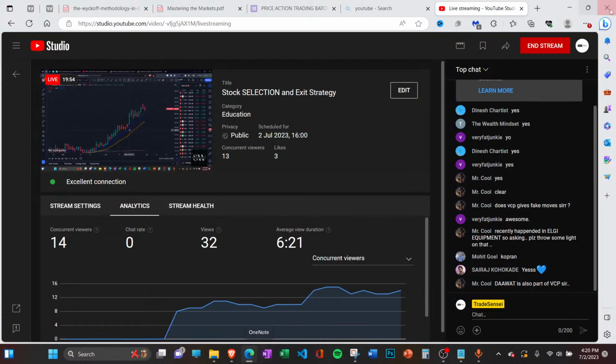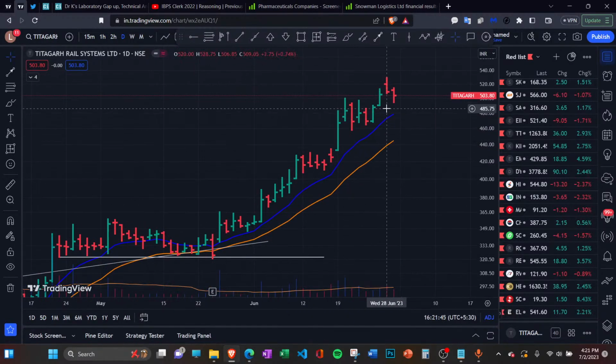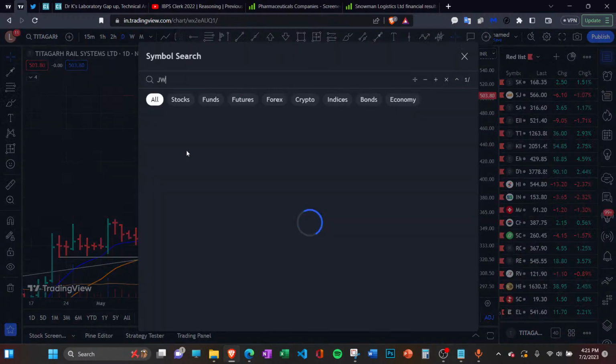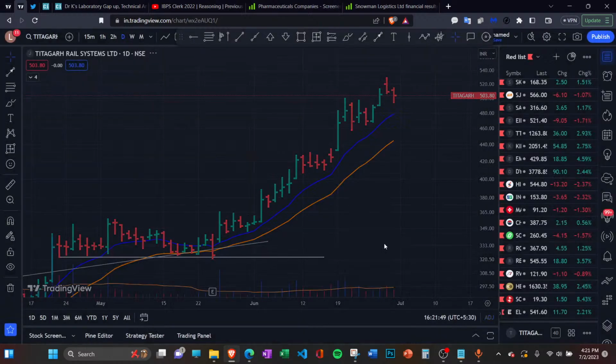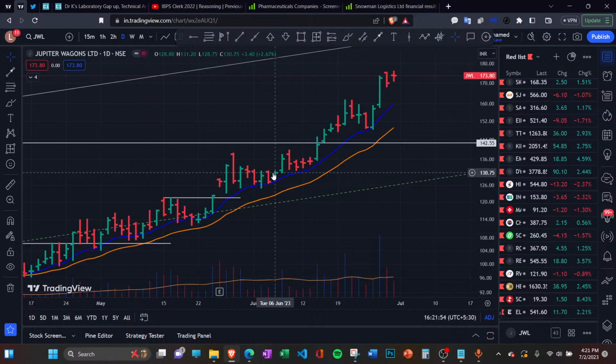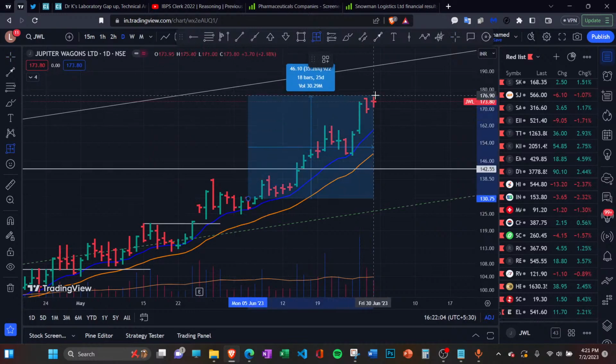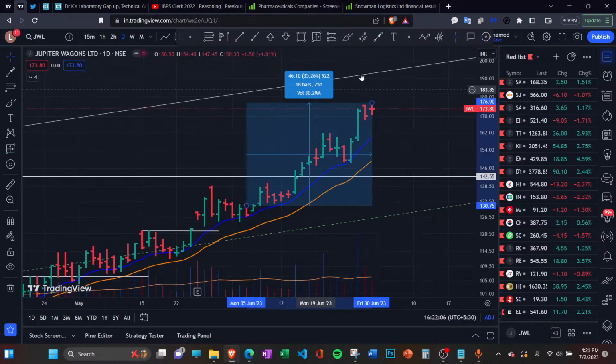Again, I was explaining the exit strategy. If you got this kind of mover, and if I look at another one also, I entered around 130 something. If you have a stock which is taking support at the 10-day moving average and is currently moving with good speed, this one also moved 35%.